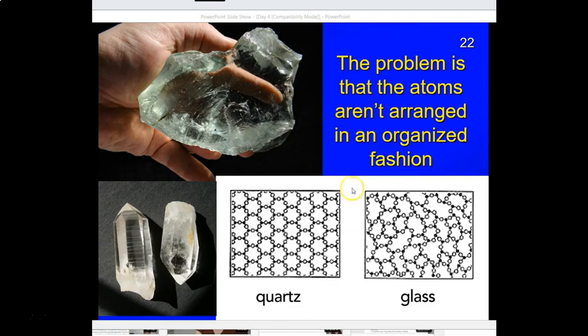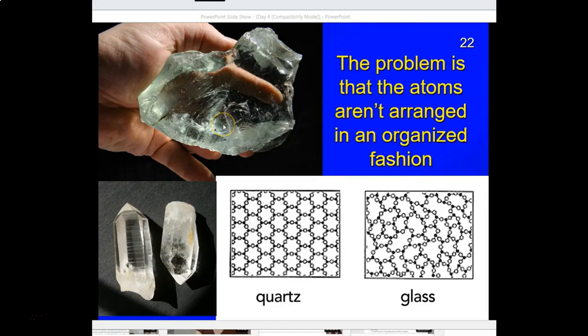So if you look at the black and white pictures, the little squares down here in the corner, quartz, which is this mineral over here, has this repeating pattern. The SiO2 is forming this beautiful lattice pattern. And that's in part what gives quartz the properties that it has. If you look at glass, it's made of the same ingredients, but they're not linked together in a particularly organized fashion.